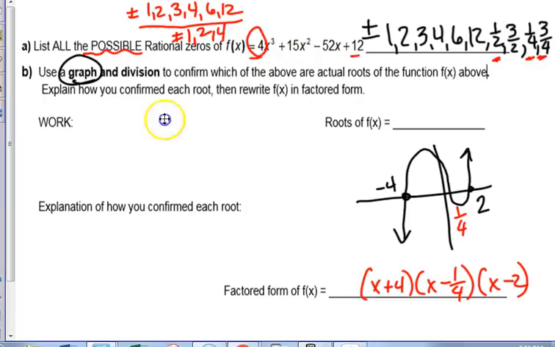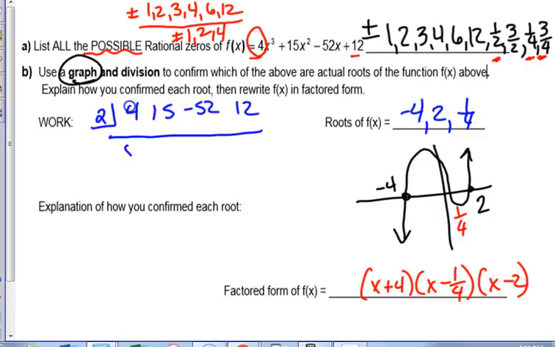What I would prefer, because it wants work and an explanation, is if you looked on the calculator and you found one at -4 and one at 2, you went over here and you said, well, if I do the division and put in a 2, 4, 15, -52, 12, I'll see how badly I can mess this up. Alrighty, good start.